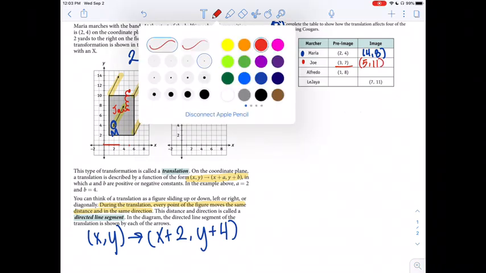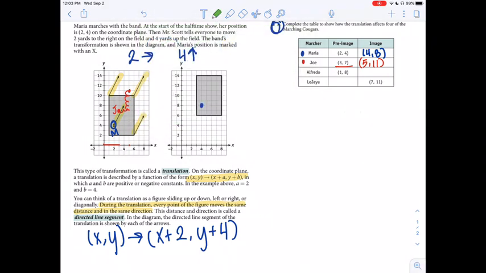All right, now if we look at Alfredo, he starts at 1-8. So he starts right here in the marching. Now we can do Alfredo's differently. We can use the formula. So if Alfredo is transforming, our formula is x plus 2, y plus 4.